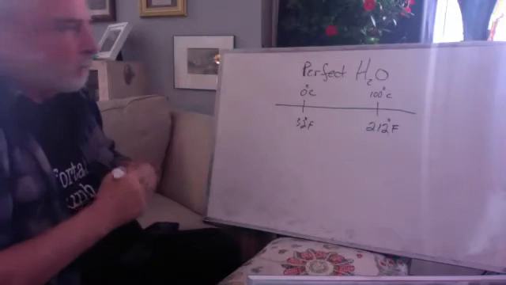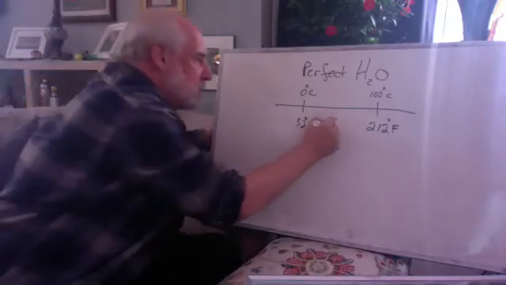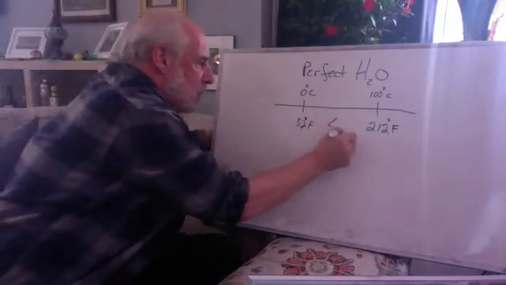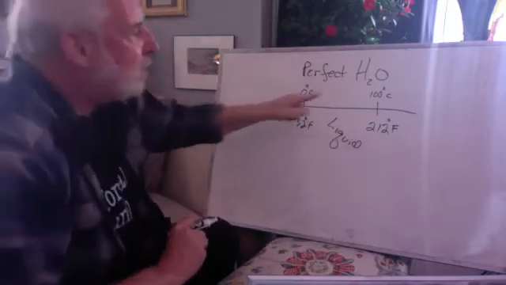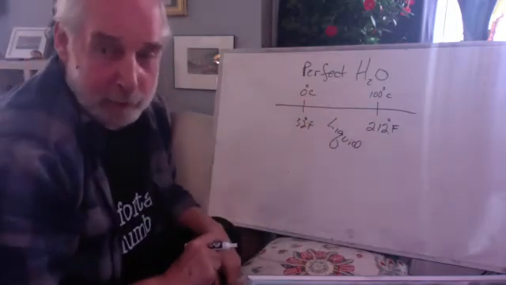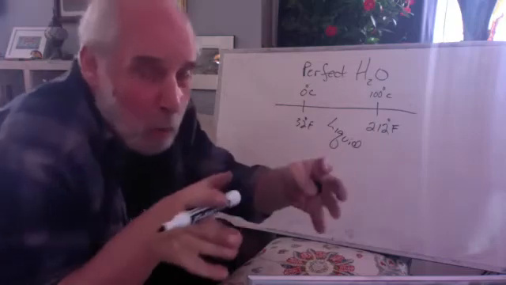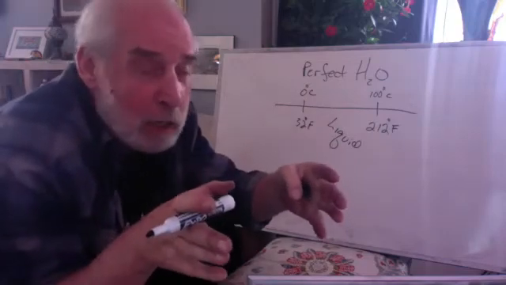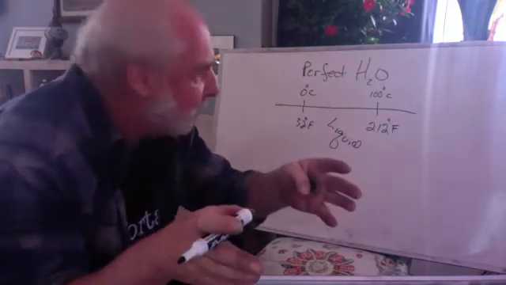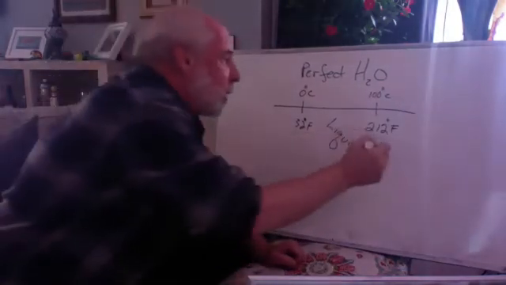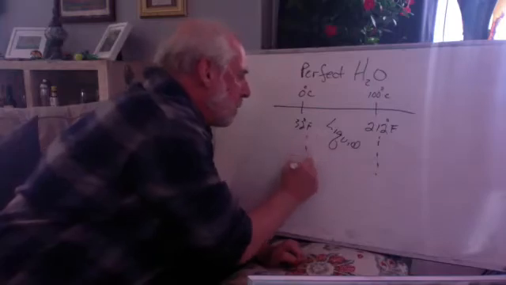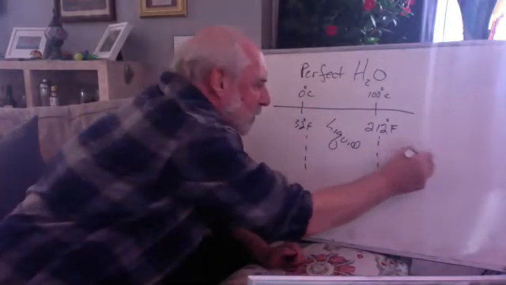Okay, so between 0 and 100, water is liquid. And so our water is perfect H2O and perfectly not moving. So it's the same temperature everywhere in there. Above here, it is gas or steam.